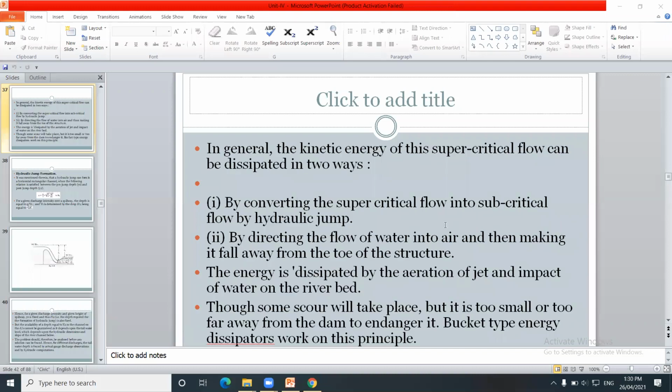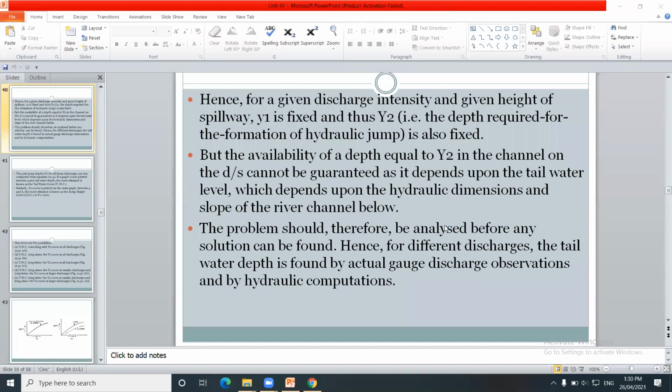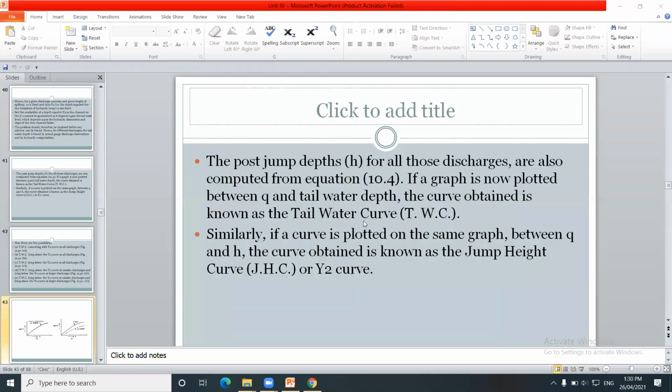This is a tailwater curve, TWC. And the graph between the discharge q and h, the height of fall, the curve obtained is known as the jump height curve, JSC, the Y2 curve.